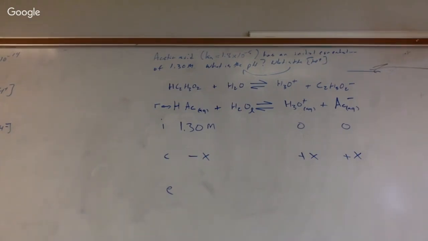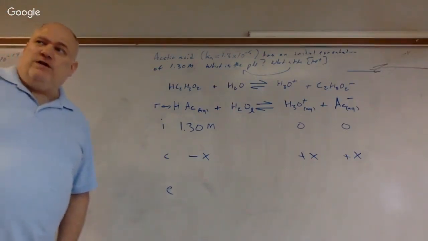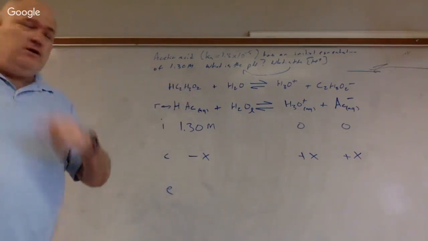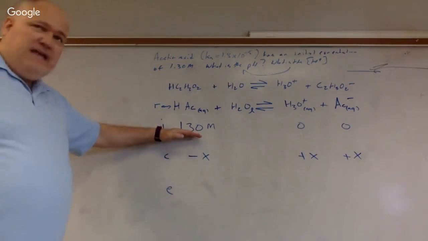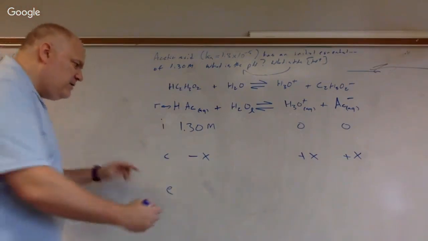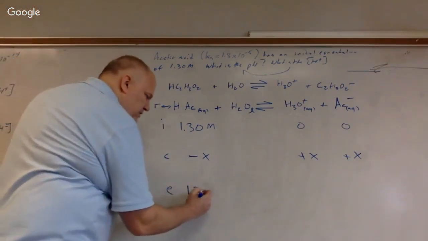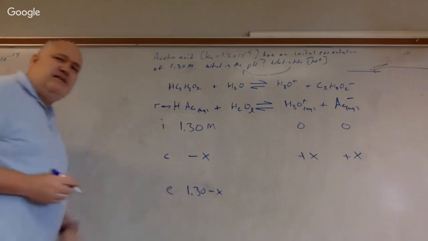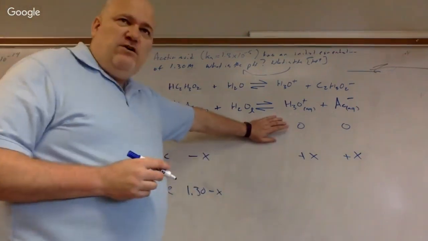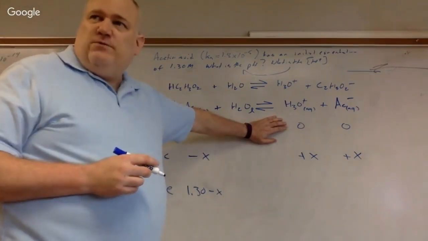Now, because we're good with math, we're going to add these two together, because at equilibrium, when everything gets evened out, the amount of acetic acid we have is going to be lessened by whatever left it. So at equilibrium, couldn't we say that we have 1.30 minus whatever left? That X is how much left. Now, didn't we start with 0 H plus or H3O plus to begin with?